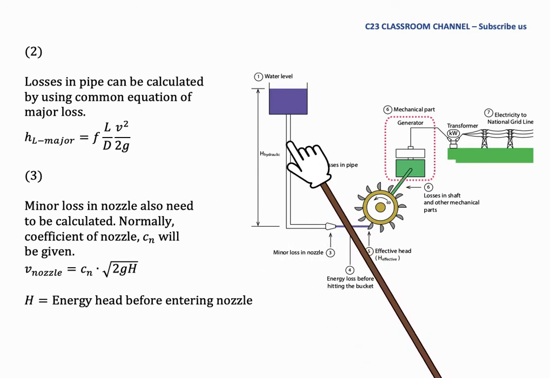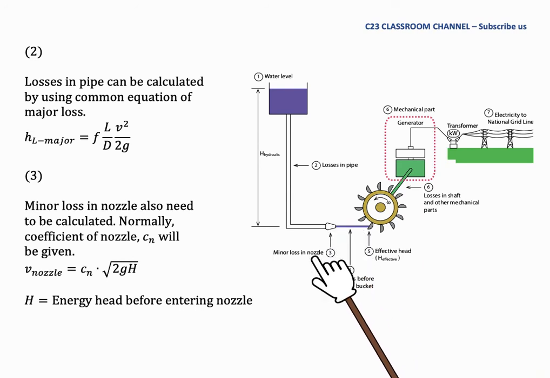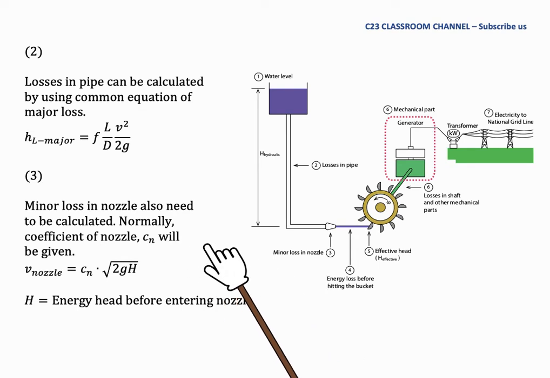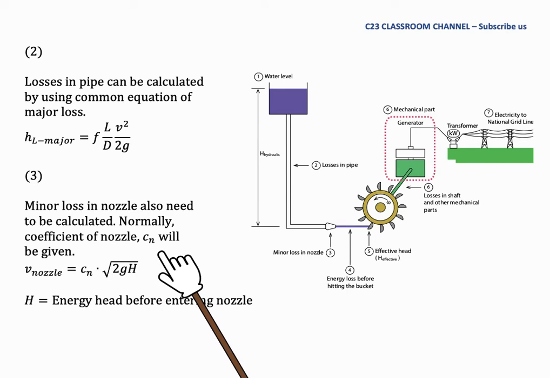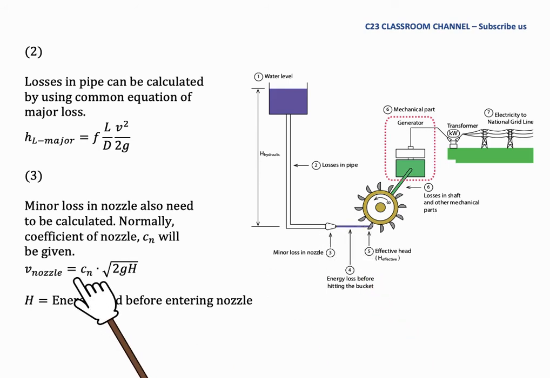Then when the water flows through the nozzle, the minor loss in the nozzle also needs to be calculated. Normally, the coefficient of nozzle, Cn, will be given. So the velocity at the nozzle, meaning the velocity after it goes through the nozzle, can be written as Cn times square root of 2gh.